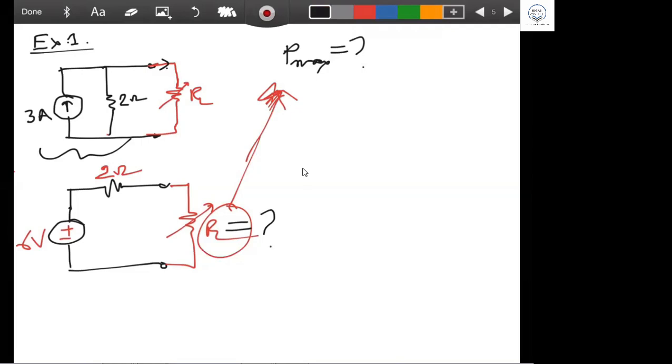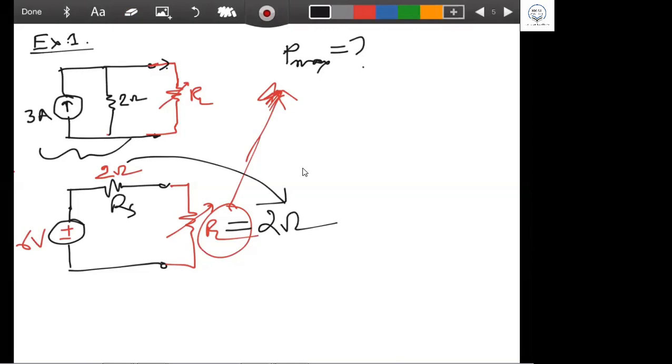Anybody? RS. What is that value? 2. Good. It will be 2 ohm. This 2 ohm will be coming here, which is nothing but RS. So RL will be equal to RS.